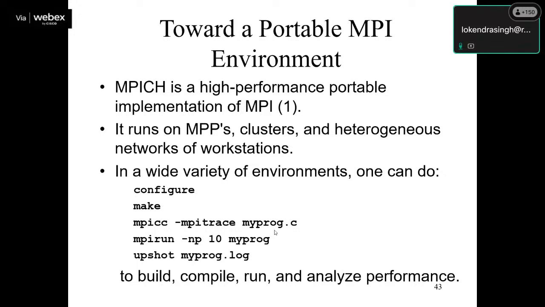Suppose you save your program as my_program.c. Then you want to run it with 10 processors. So you write the next command, mpirun -np, which is the number of processors. Here we write 10.